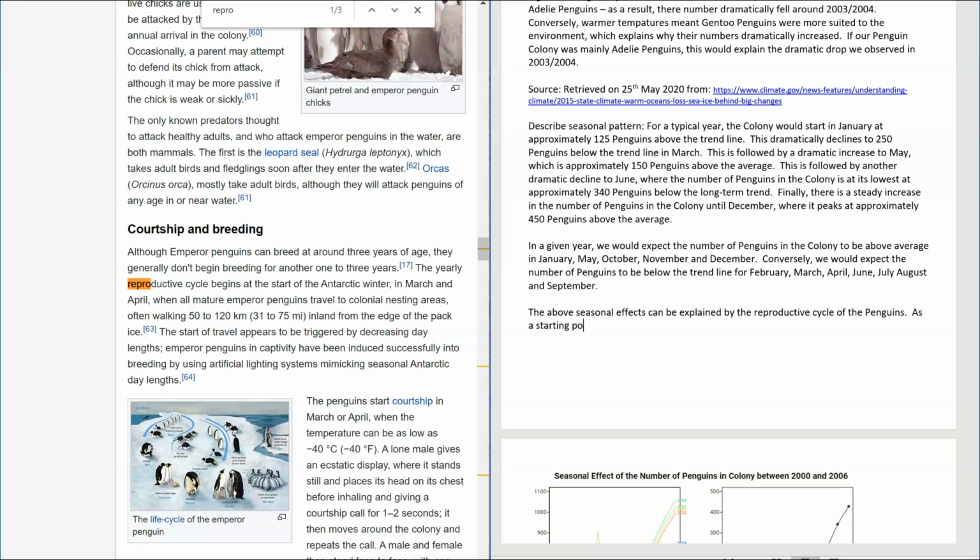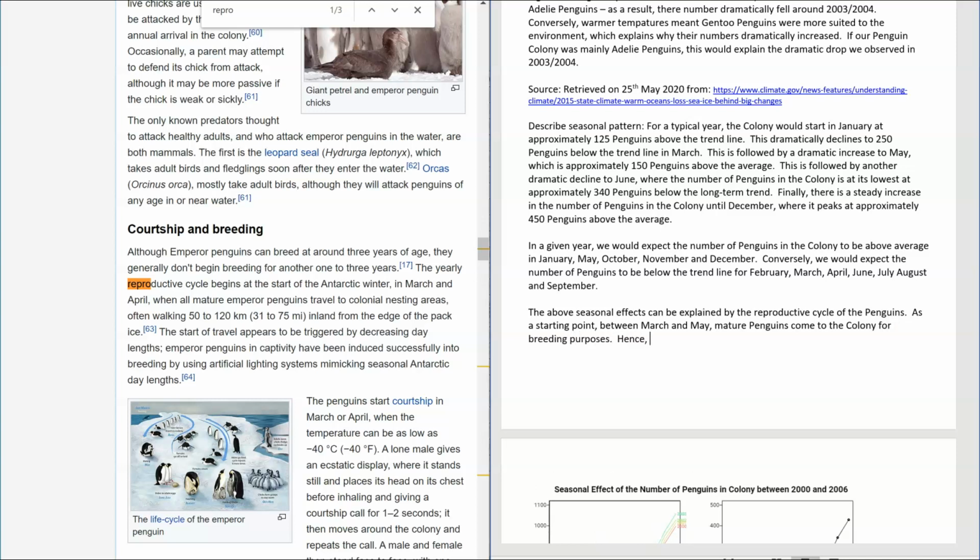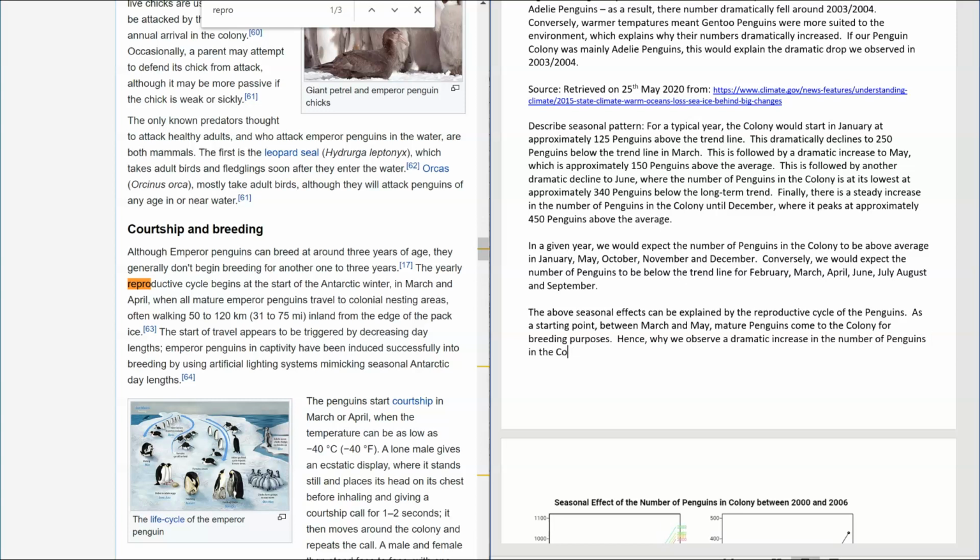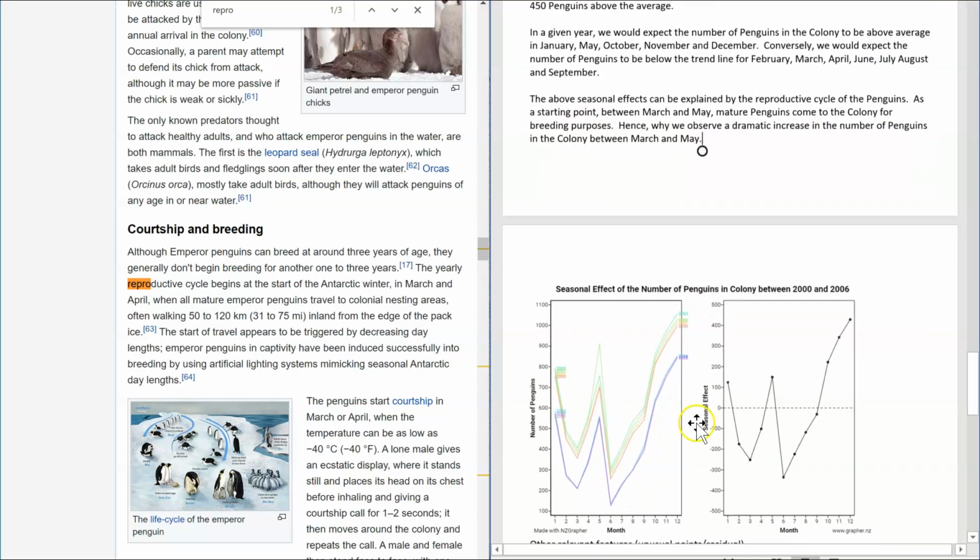As a starting point, between March and May, mature penguins come to the colony for breeding purposes, hence why we observe a dramatic increase in the number of penguins in the colony between March and May. So that explains the first jump just over here.